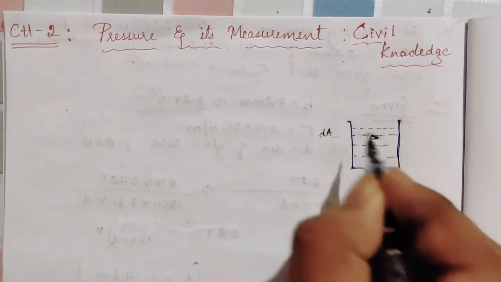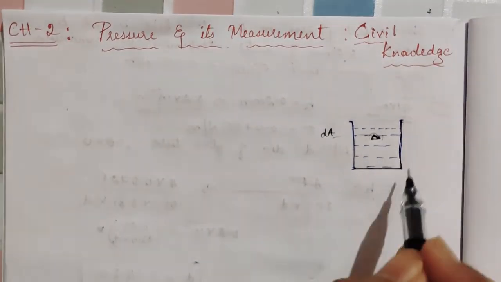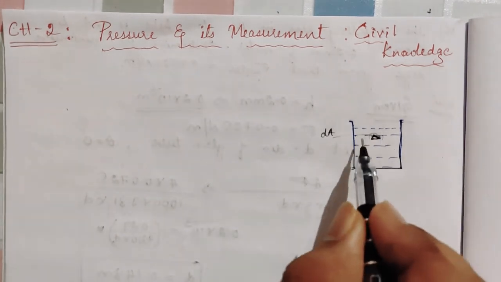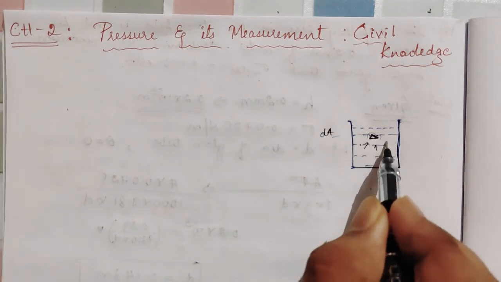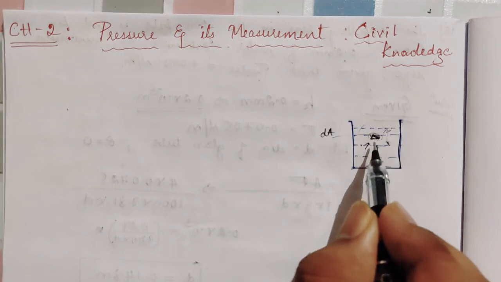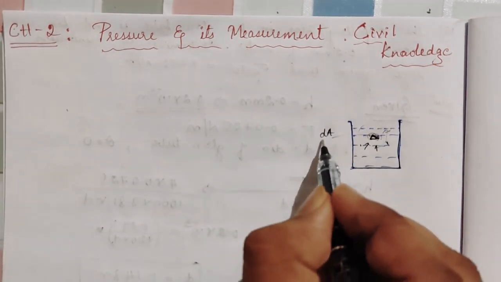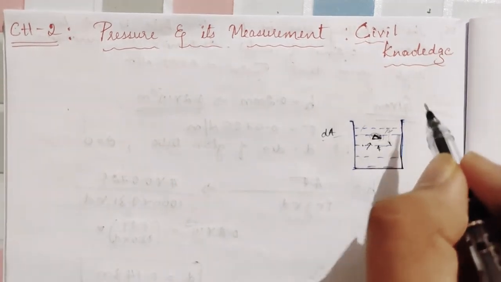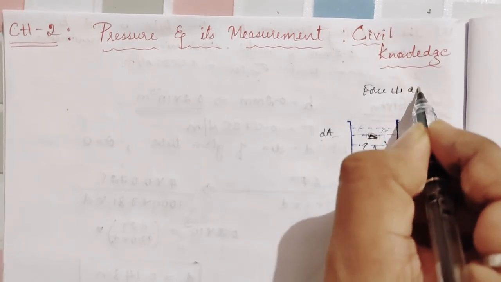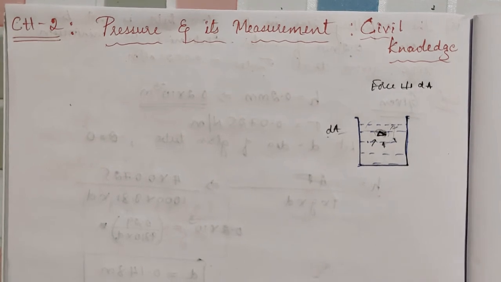If the fluid is stationary, then the force exerted by the surrounding fluid on this small area dA will always be perpendicular to the surface dA.